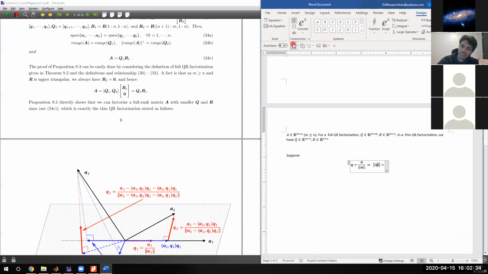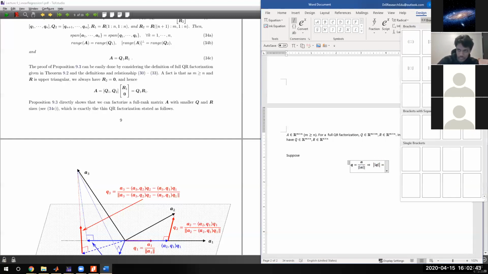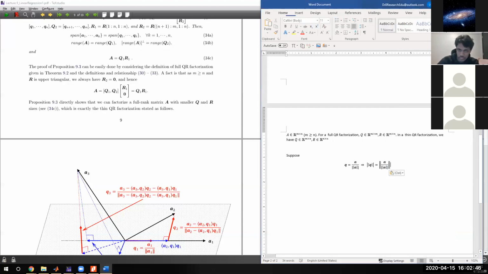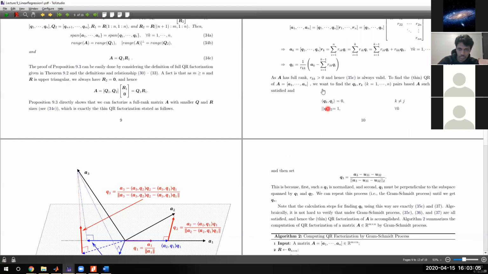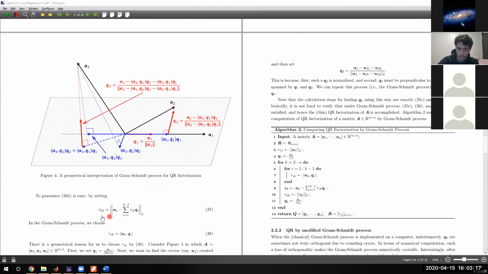It is the norm of A over the norm of A. Isn't it equal to 1? Why? Because the norm of A itself is a number, so the numerator and denominator are the same number, and the ratio equals 1. That's the reason why, as long as I take RKK to be the norm of this, then the QK norm must be 1. So we figured out RKK, super simple, which is here.